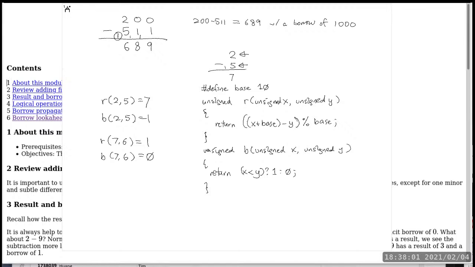But in this case, it is actually needed, because if I just say return x is less than y, there's no telling which non-zero unsigned value it is going to return. There's no guarantee, because the C standard simply says that anything that is not 0 represents true when we want a Boolean result.